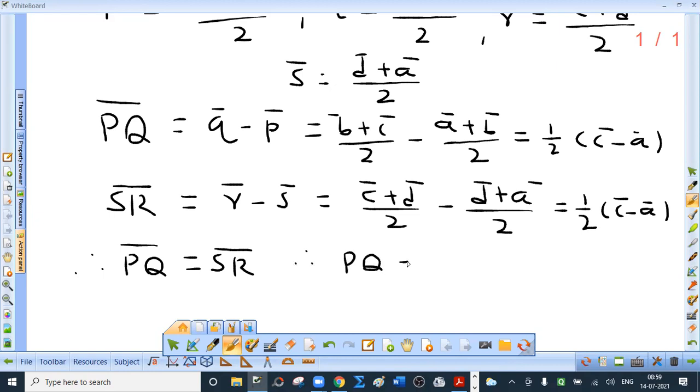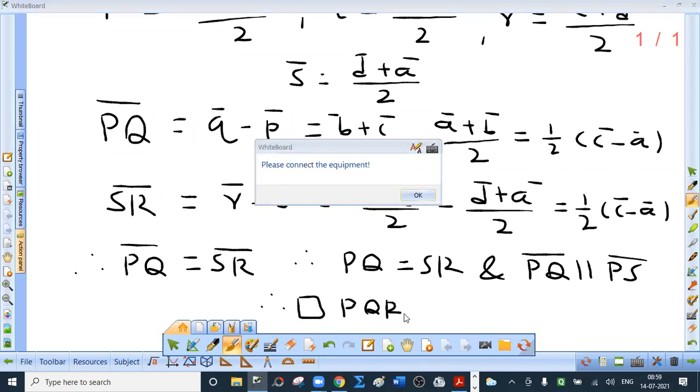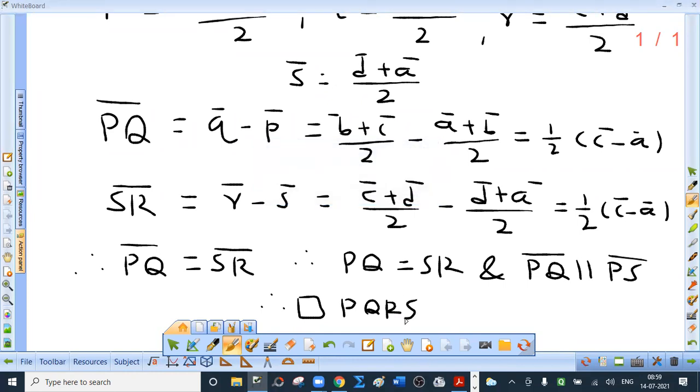Therefore, I will say PQ equals SR and PQ bar is parallel to PS bar. Therefore, quadrilateral PQRS is a parallelogram.